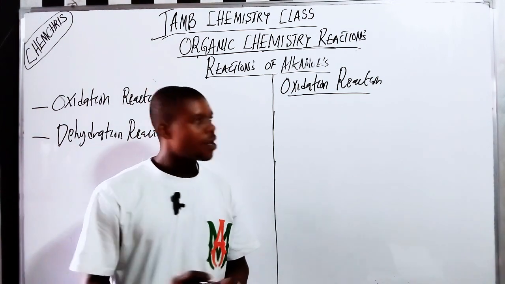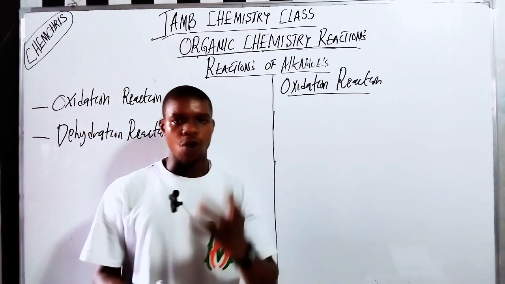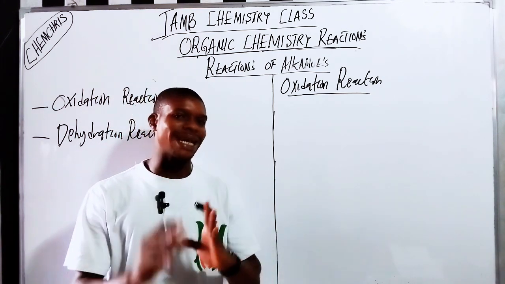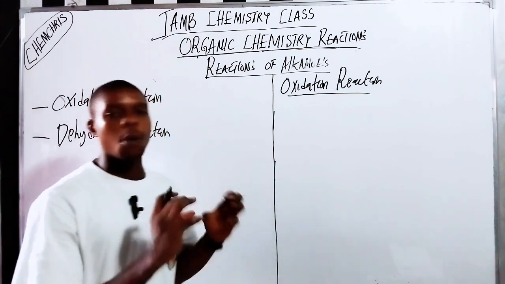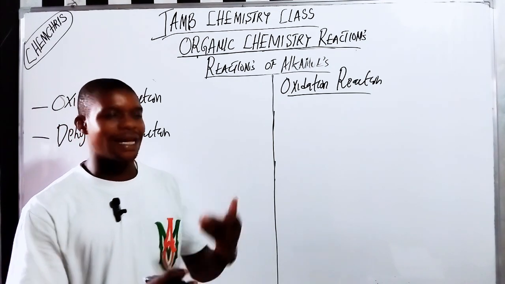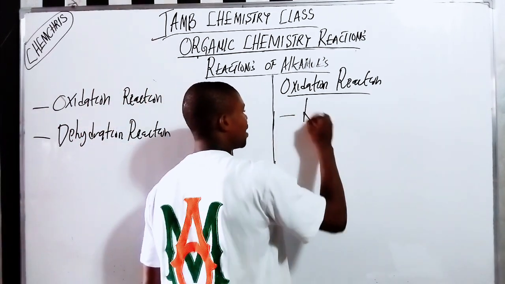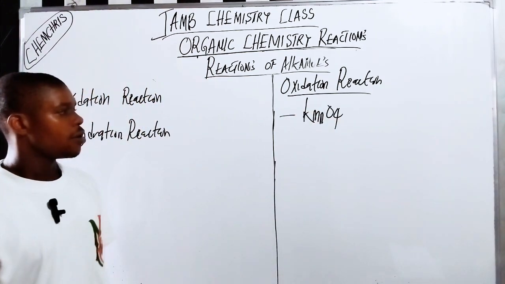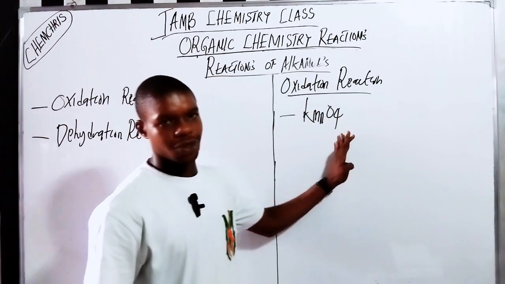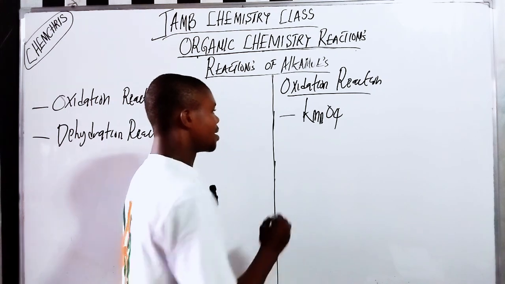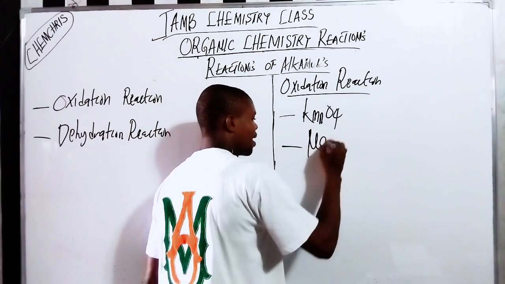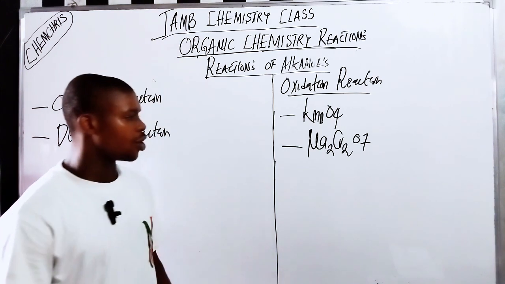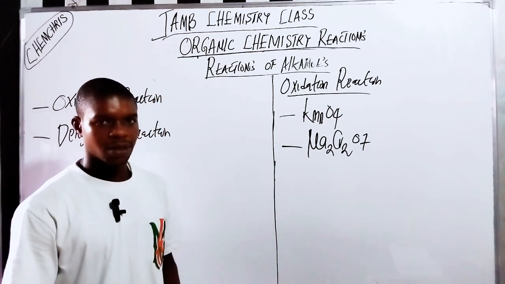And for an oxidation reaction to occur, there are some oxidizing agents to take note of. The common ones I've seen in your past questions are, the first one, KMnO4, which is called potassium permanganate. The next is Na2Cr2O7, called sodium dichromate.